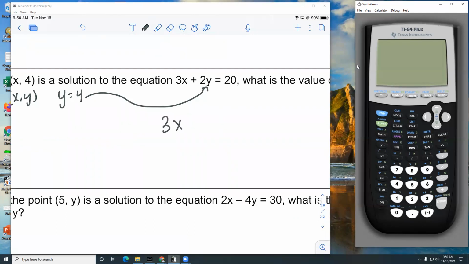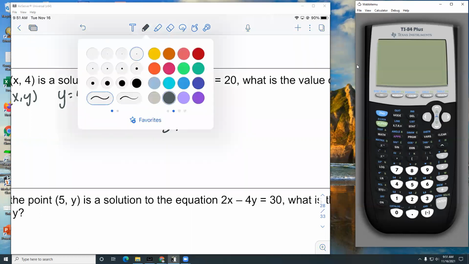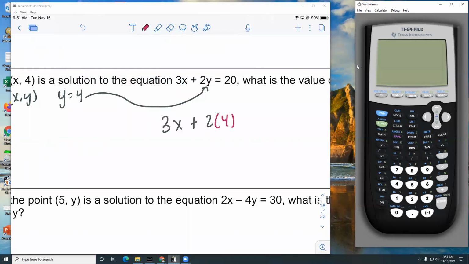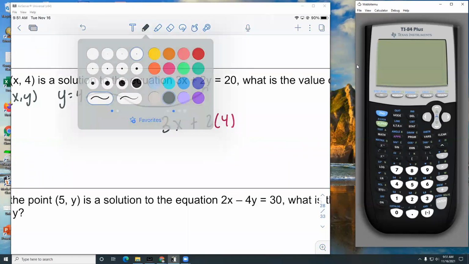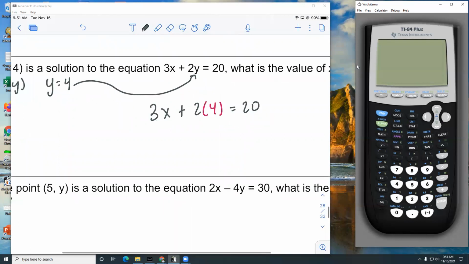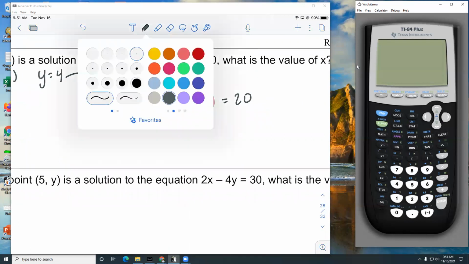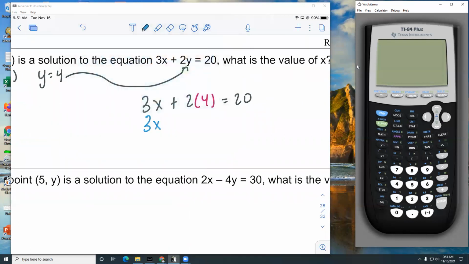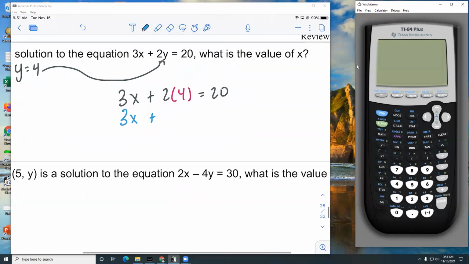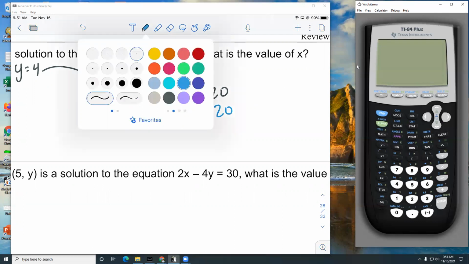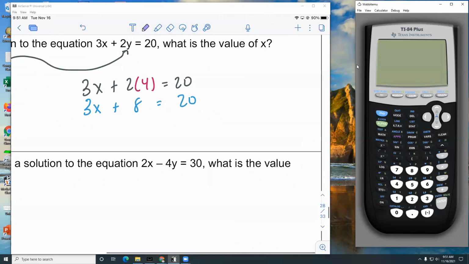So 3x, I don't have x yet, but I know that y is 4. So that's going to be plus 2 times 4, and that equals 20. All right. So here I get 3x plus 2 times 4, which gives me 8, and that equals 20. So this just looks like a classic don't call me after midnight equation, right? I'm going to box my 3x.